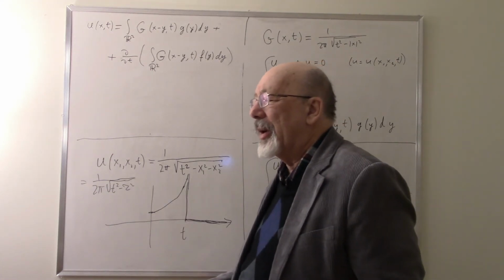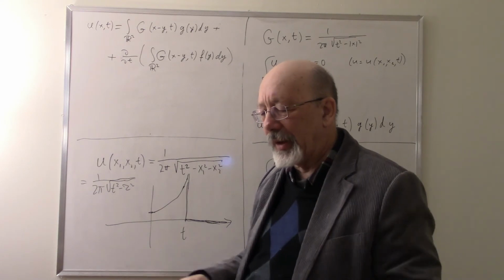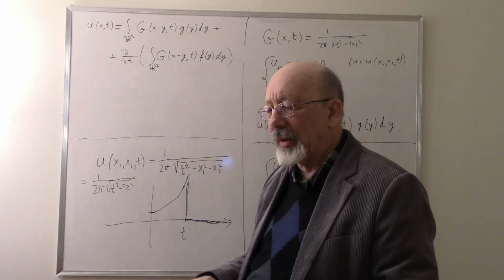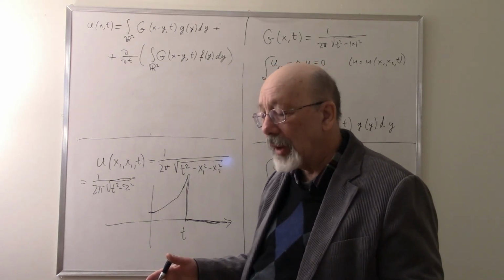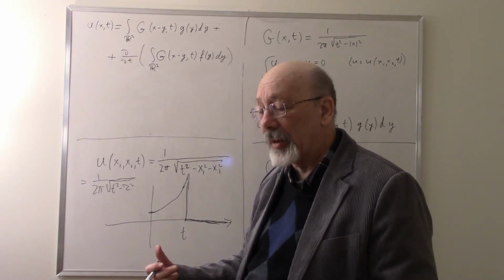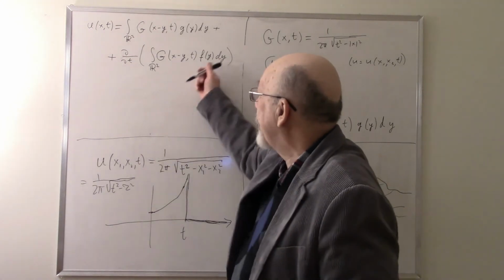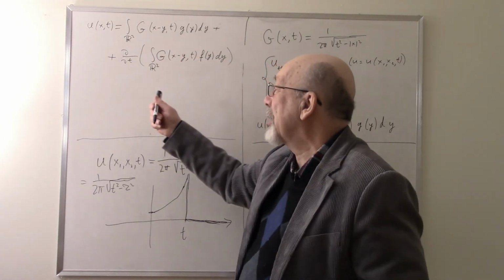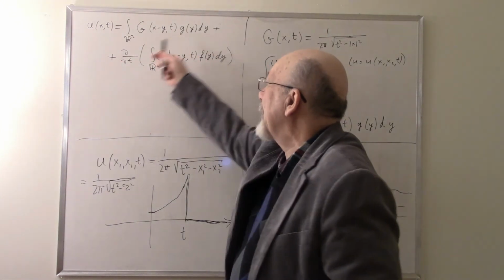So if the initial function is 0, then its Laplacian is 0, so the second derivative is also 0. The second derivative of this function in the bracket is the same as the first derivative of this function.